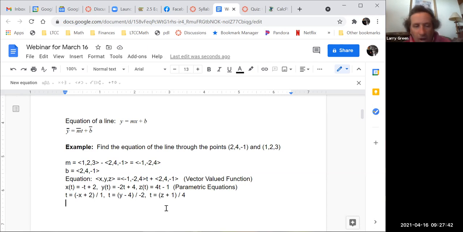Yeah, I can set all the equations equal to each other, and you get a triple equality. So I'm going to write this in equation form because that's more standard. We're going to have negative x plus 2 over 1, and I'll make it bigger in a minute, is equal to y minus 4 over -2.